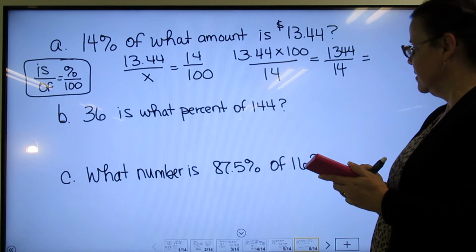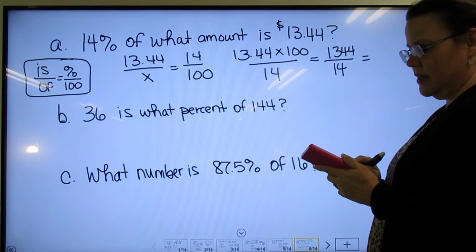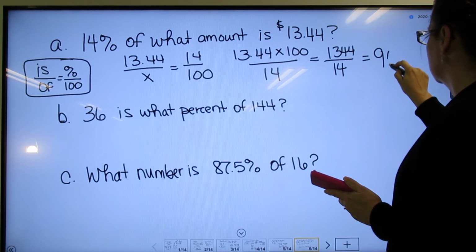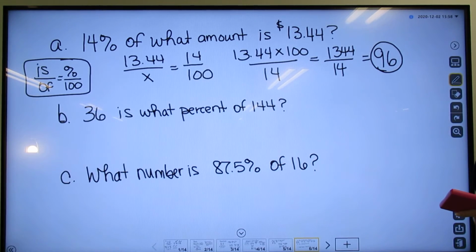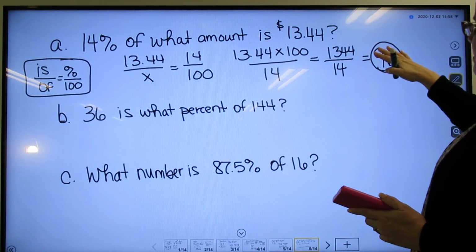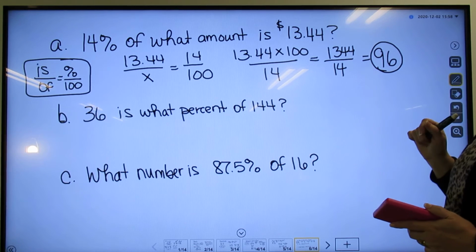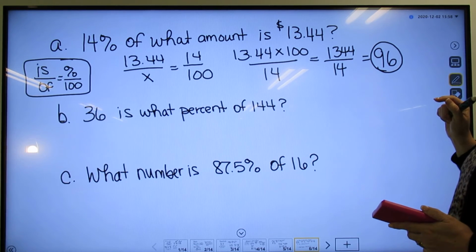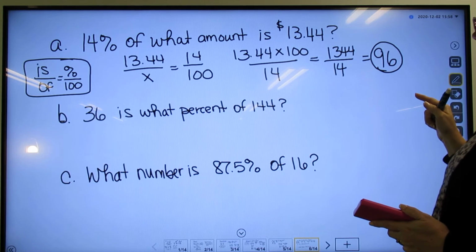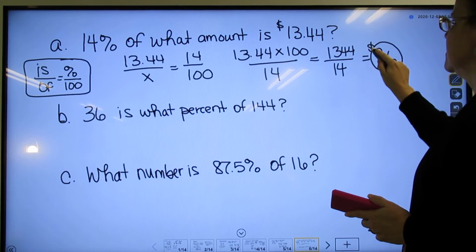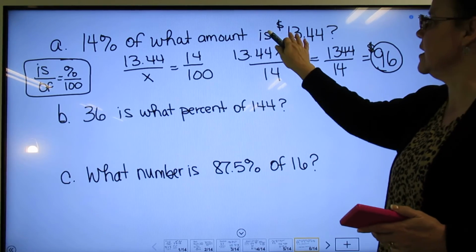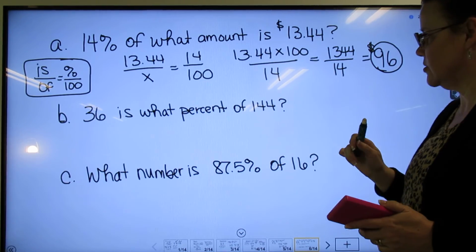I'm trying to work it through, not paying attention. And then that should be your answer. If I did all the steps right, then that would be your final answer. So $13.44 is 14% of $96 because it's in money. So that would be the answer for that, okay?